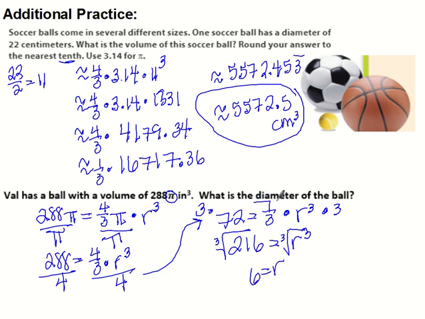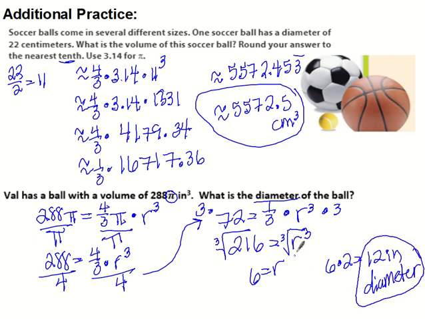Now it does ask me for the diameter, so we're going to take 6 and times it by 2 and get 12, and so that will be our diameter, inches. There's my diameter. Okay, and I'll show you guys where this button is on the calculator in the classroom. You can't use the same as the square root button because it's different.